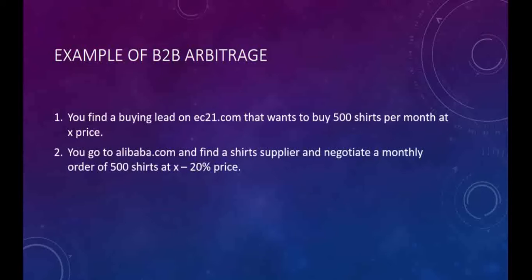You go to Alibaba.com, which is the biggest business-to-business online marketplace in the world, and find a shirt supplier and negotiate a monthly order of 500 shirts at X minus 20% price. What you will practically do in this situation, you will connect the 2 businesses and earn the 20% difference from the price. That means a 20% commission for you, which will be profit for you.